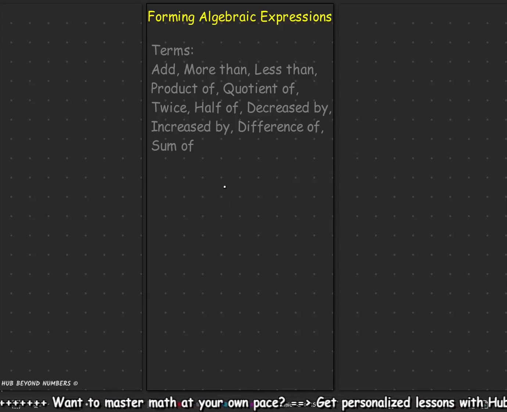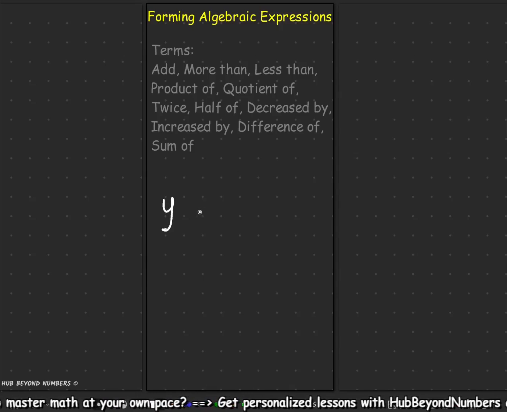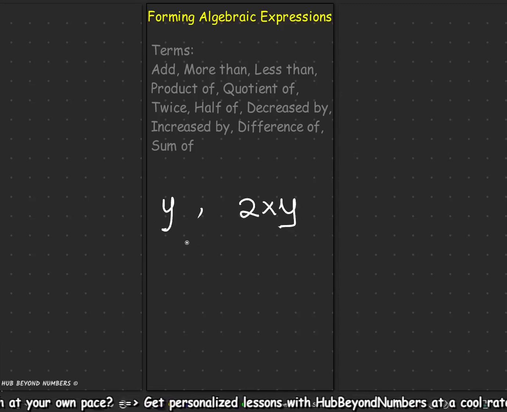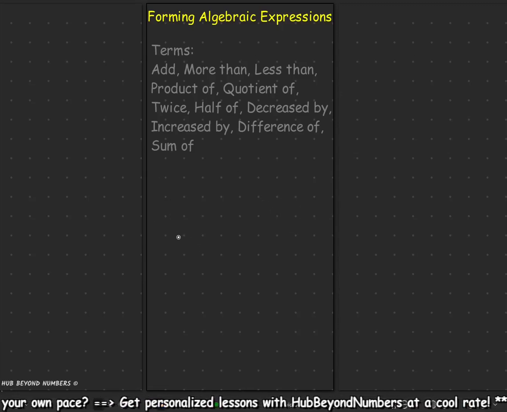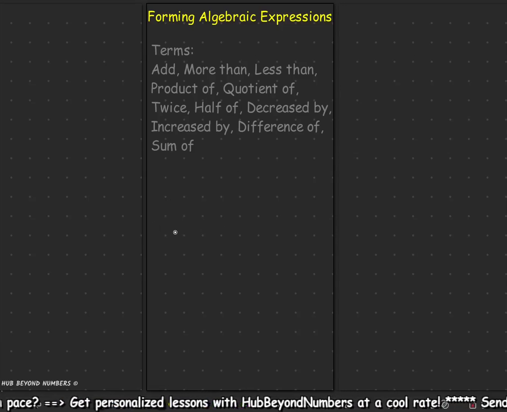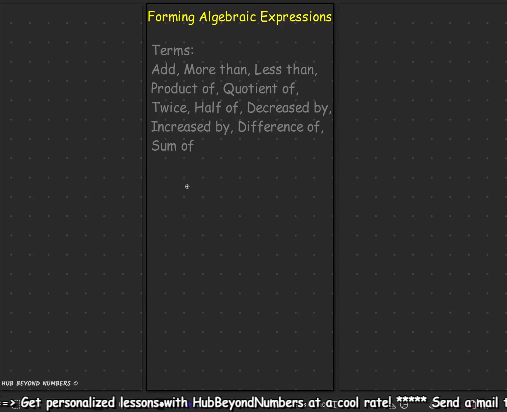Then the next thing we have to look at is twice. When we say twice of something, you are doubling it. So if I have a variable y and I ask you to get me twice of y, it simply means multiply 2 by y. Then half of simply means you are dividing whatever it is by 2.